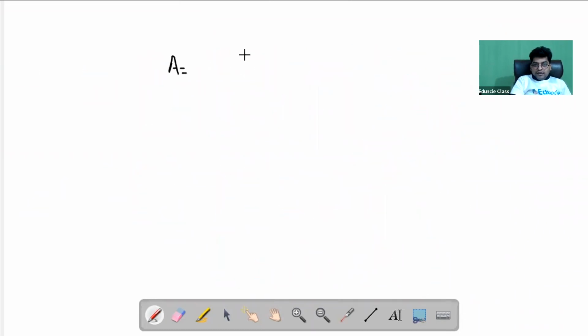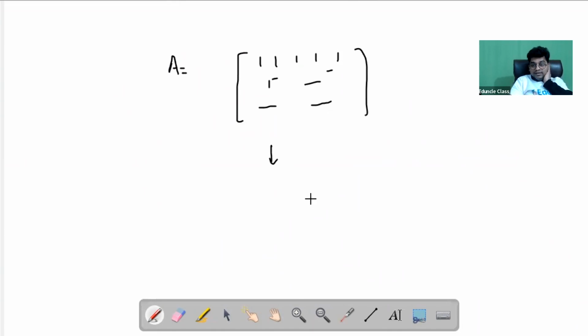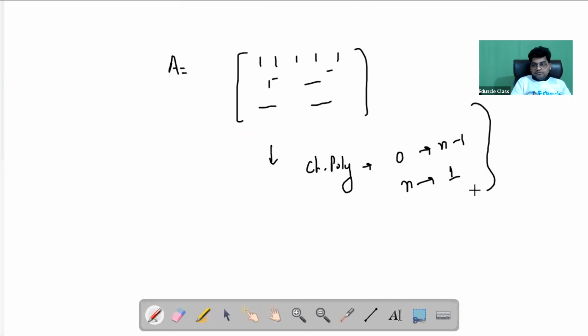All these are idempotent matrices, and this is one of the most important problems. It is a very easy problem that if all entries are 1, then I know the characteristic polynomial: 0 eigenvalue comes n-1 times and n eigenvalue comes 1 time. Yes or no? Am I clear?